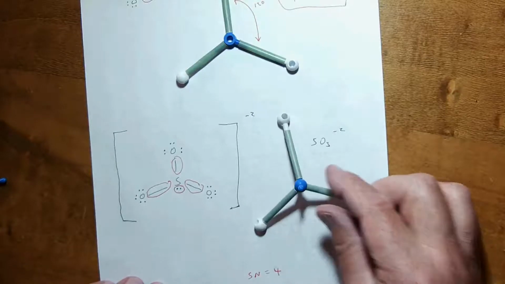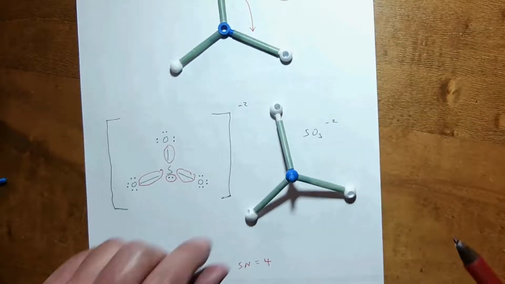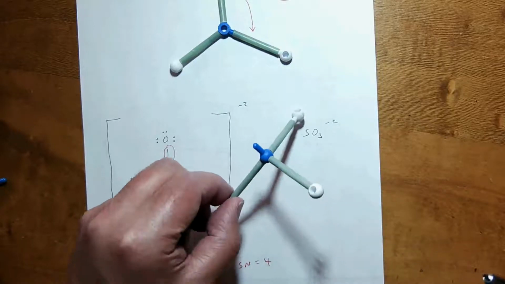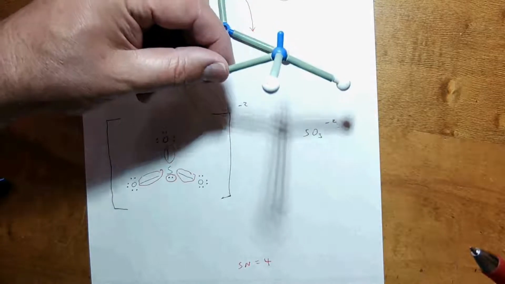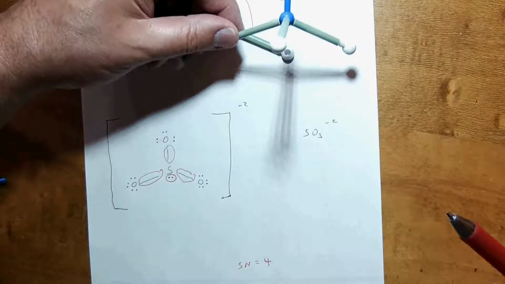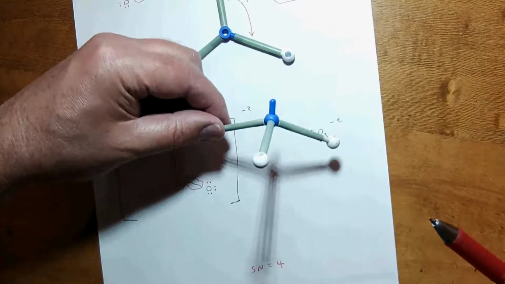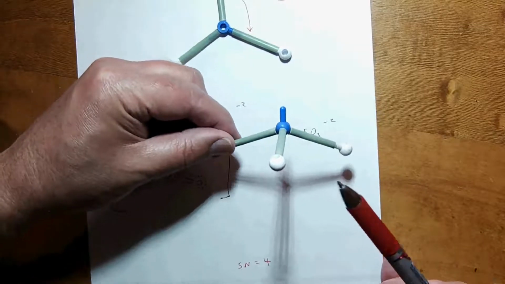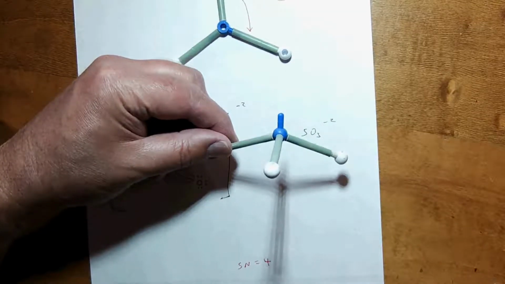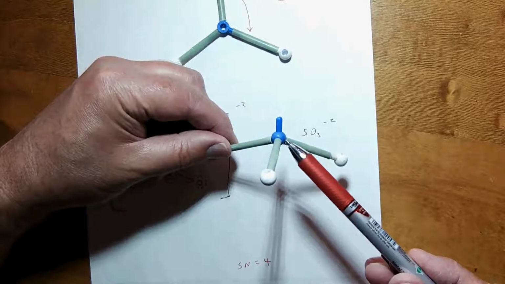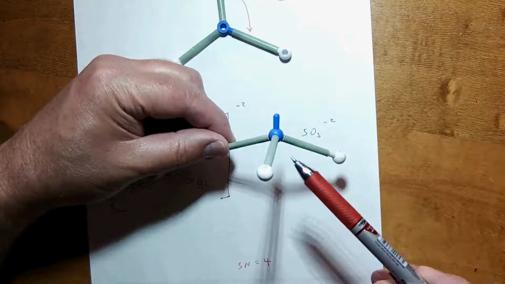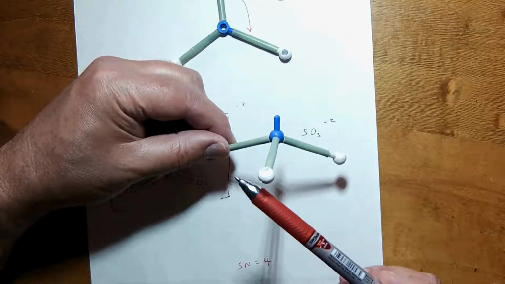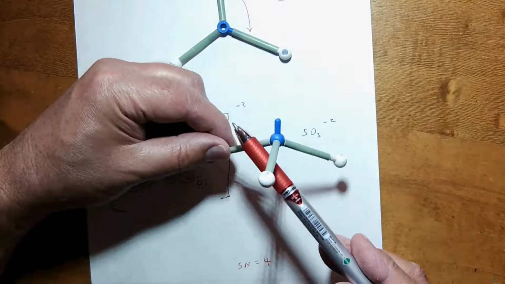And you see I have the central atom. Here's my central atom, and he's bonded to 1, 2, 3 separate atoms here.